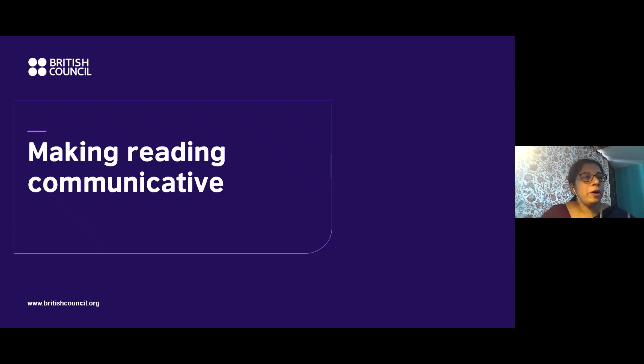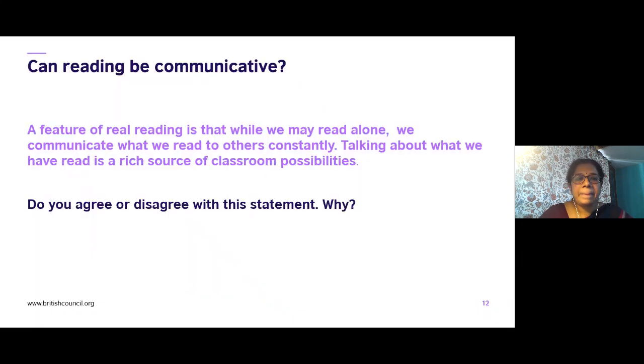Have you ever thought about how we could make reading a more communicative activity? Now, here is a statement about reading, that reading can open a lot of possibilities for communication.